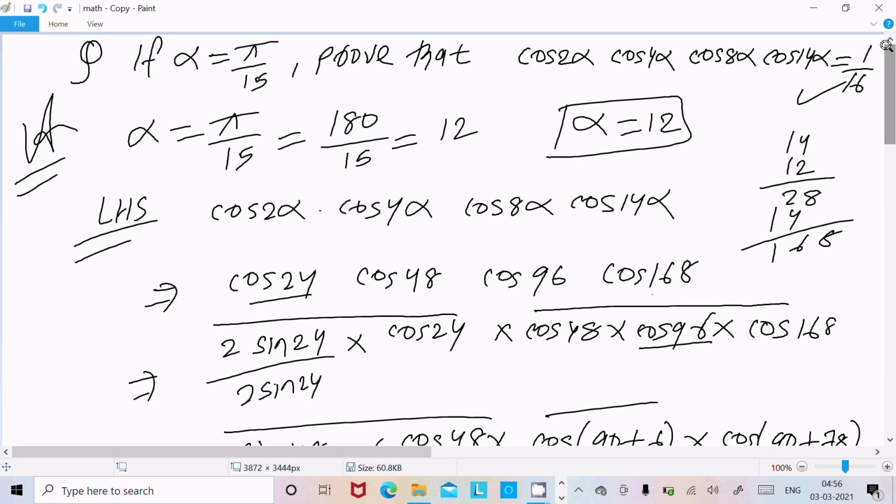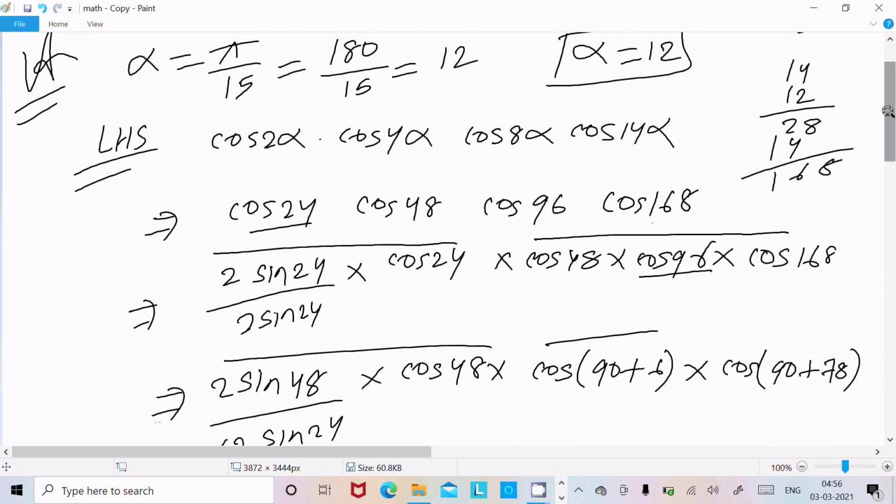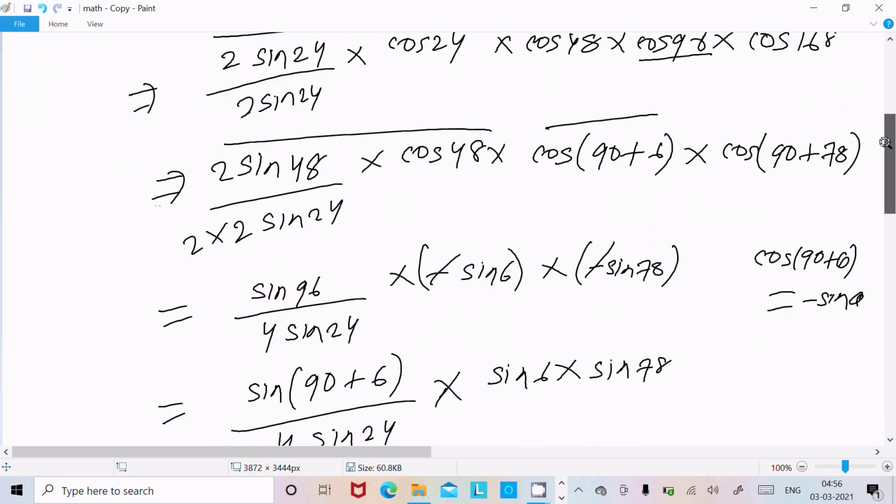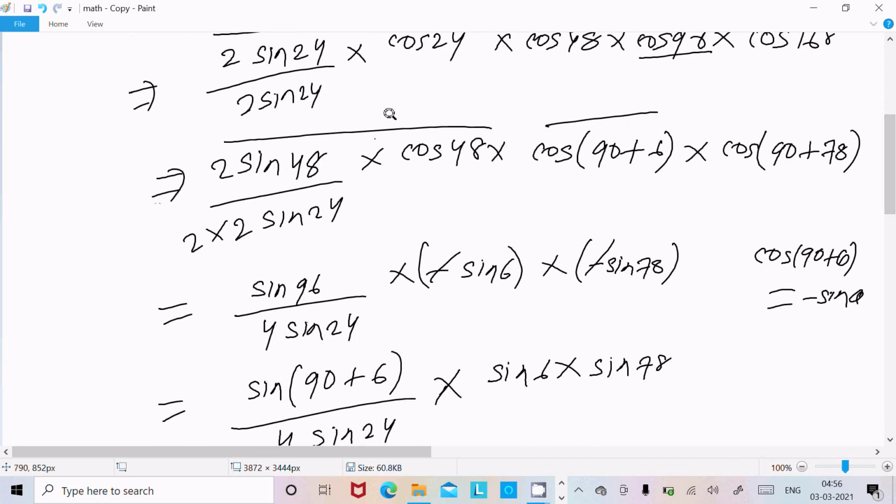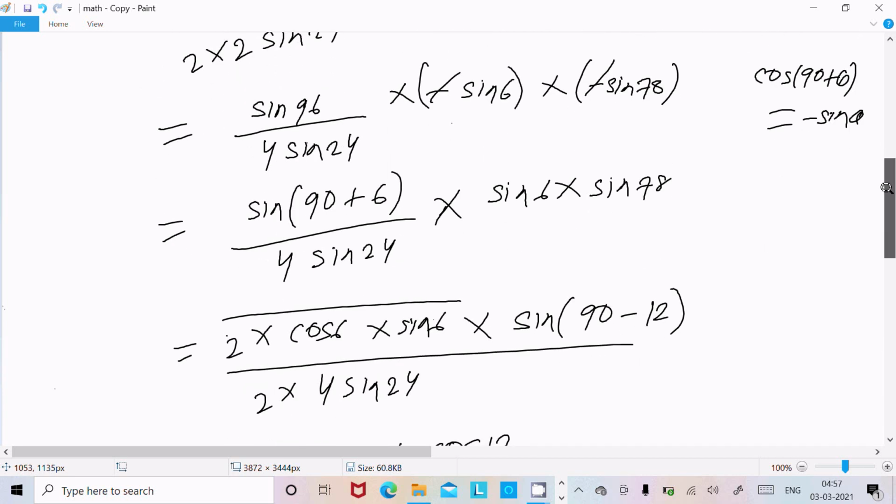So the first thing is we need to break the α part. α is 12°, so put the value 12. So 12 into 2 is 24, 12 into 4 is 48, 96, 168. After that multiply by 2 sin 24 in numerator and denominator. After that use 2 sin θ cos θ equals sin 2θ, and we need to remember cos(90 + θ) is minus sin θ. The minuses cancel, and sin(90 + θ) is cos θ.